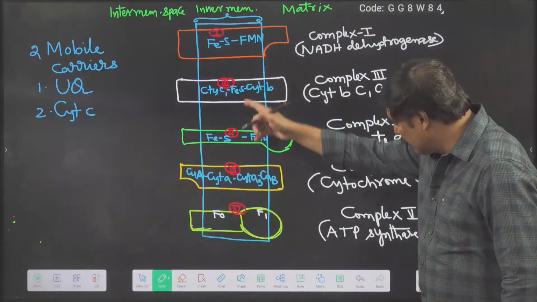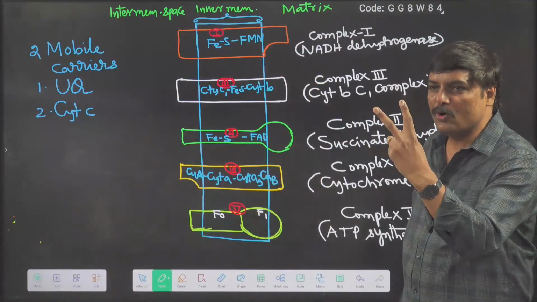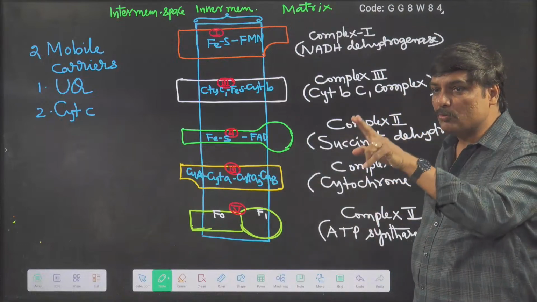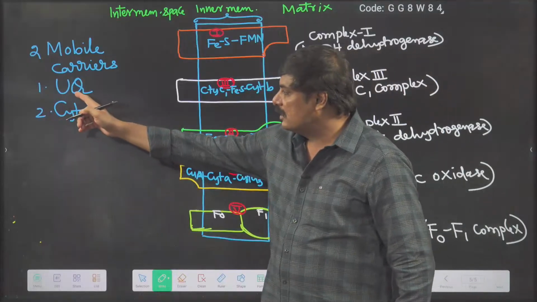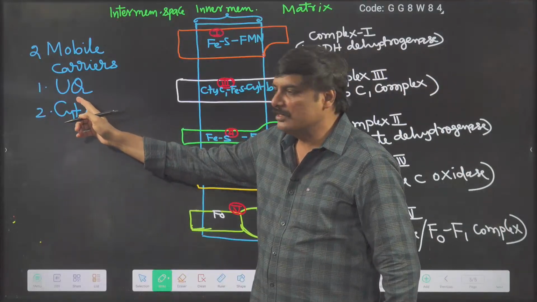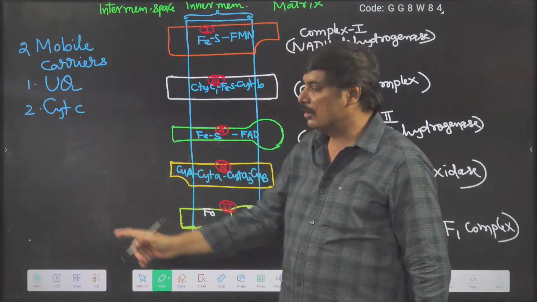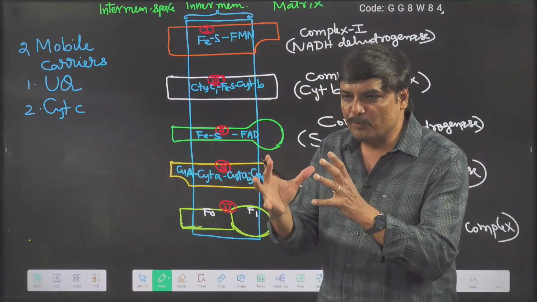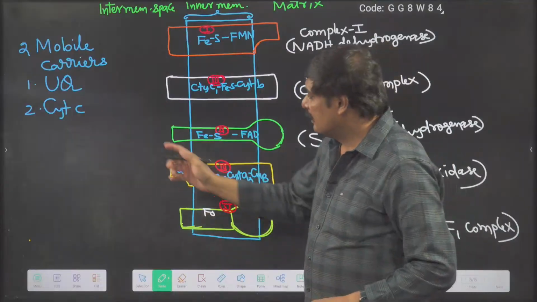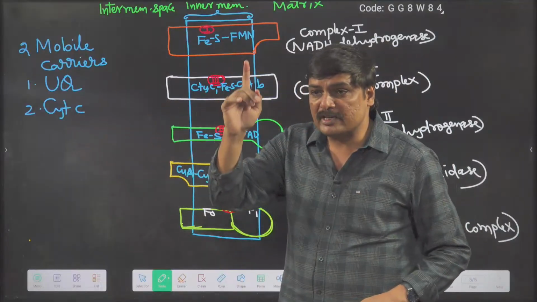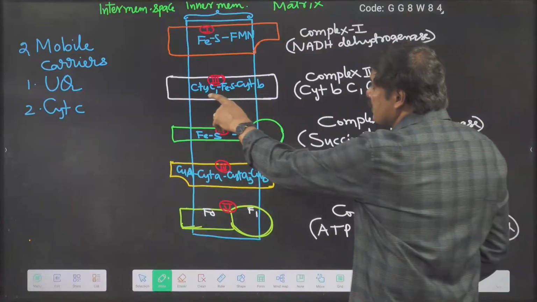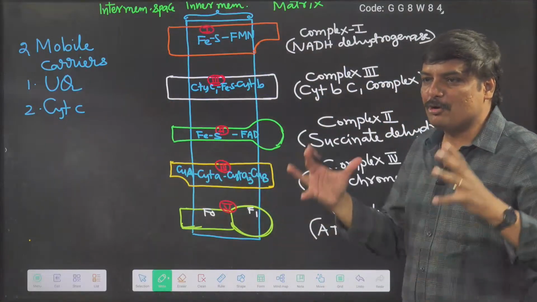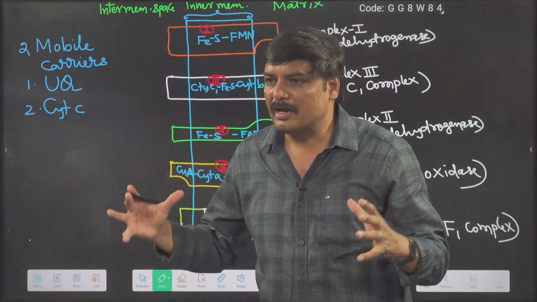Along with these 5 complexes, 2 more mobile carriers are required. What are those 2 mobile carriers? One is UQ, meaning ubiquinone. And second one, cytochrome C. Don't confuse. Here I used the word cytochrome C1. This is cytochrome C. Cytochrome C and cytochrome C1 are different.